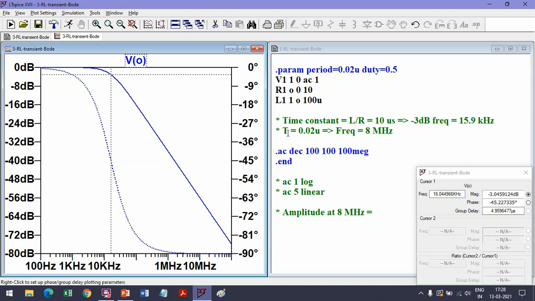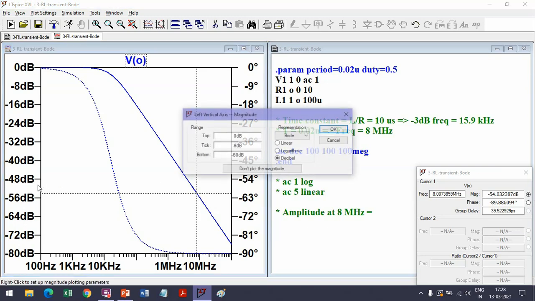But if we were to apply a square wave of a time period 0.02 microsecond, that corresponds to a frequency of 8 megahertz. So on this plot, 8 megahertz is here, and at 8 megahertz the output voltage is minus 54 dB.